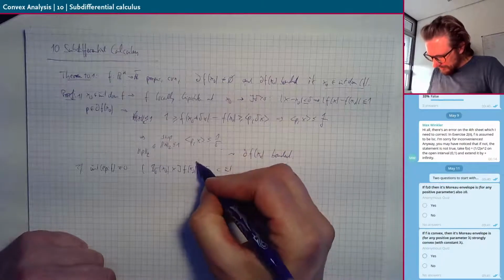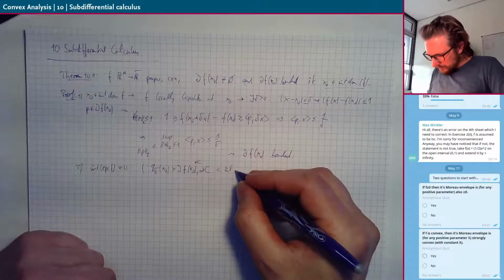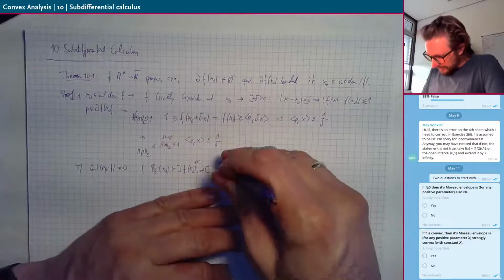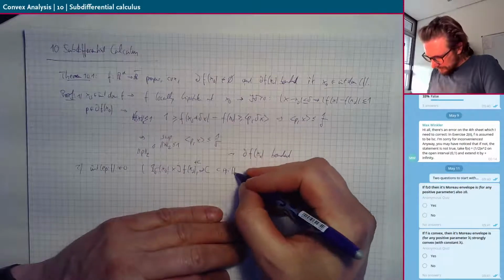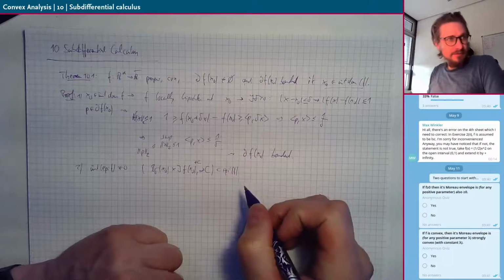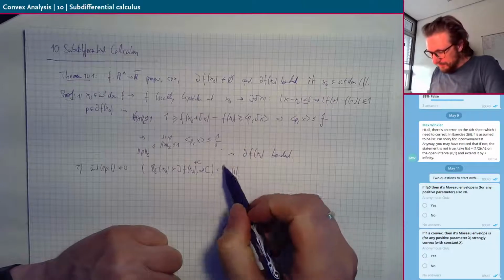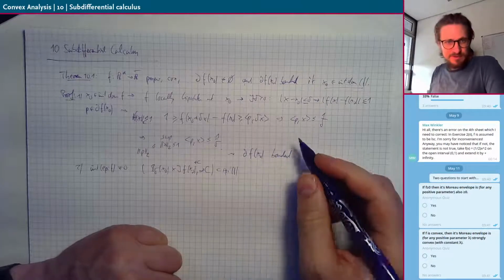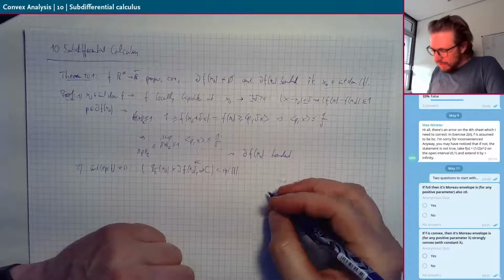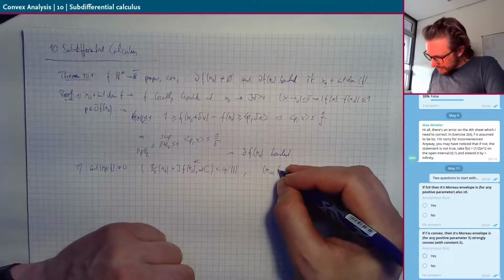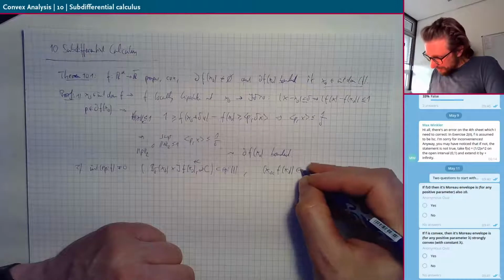Probably we should add some constant here. So this open set is contained in the epigraph of f, which means that the interior of the epigraph is not empty. Also, we have that this pair x0, f of x0 is not in the interior of the epigraph.